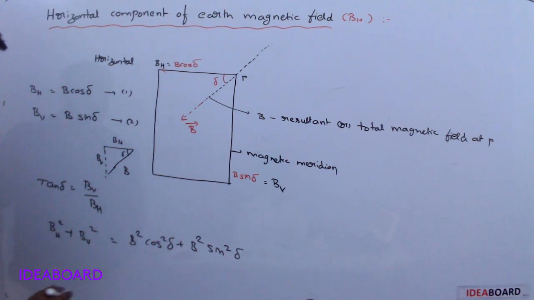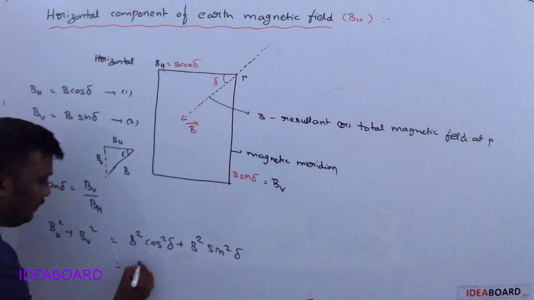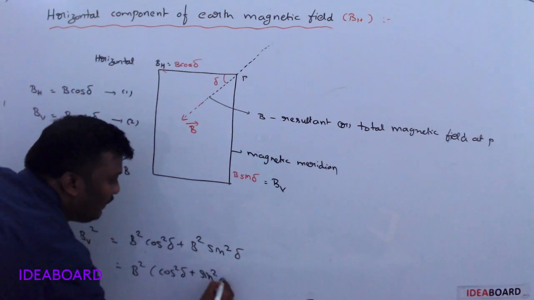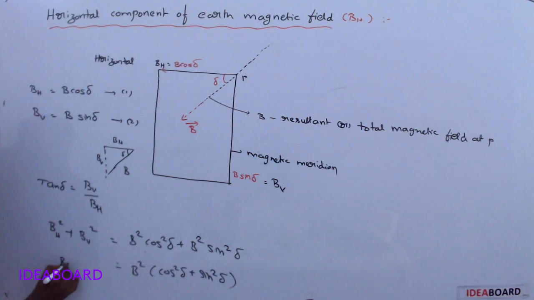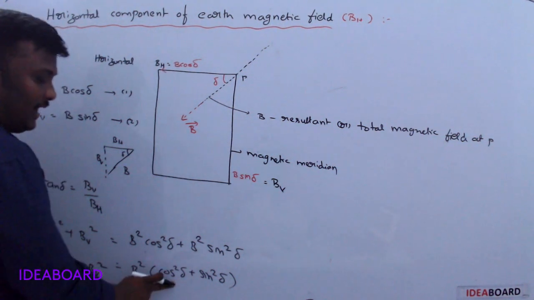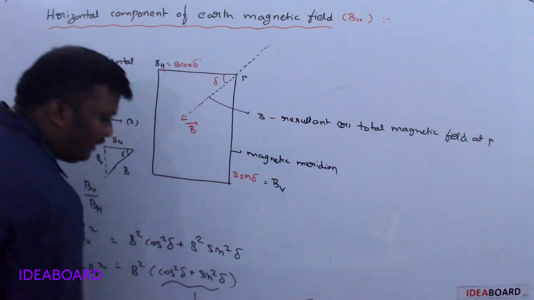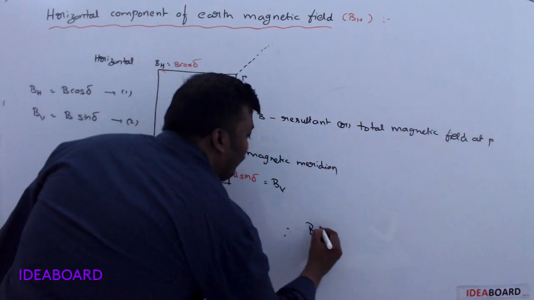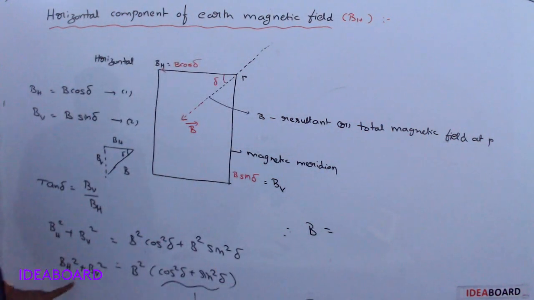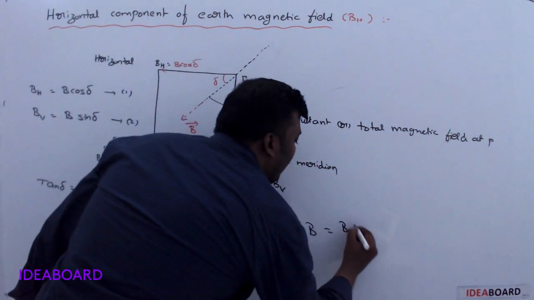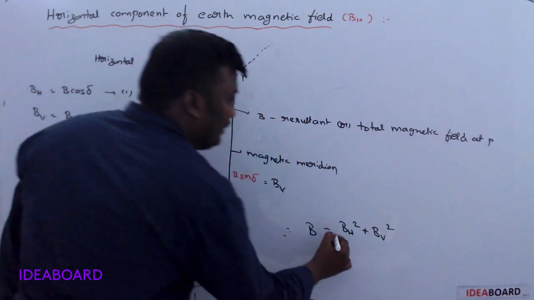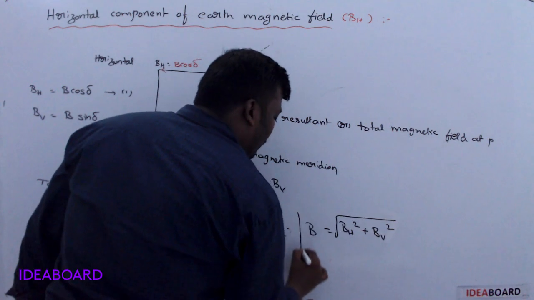From these two, B square is common, so B square into cos square delta plus sin square delta is equal to BH square plus BV square. We know cos square delta plus sin square delta value is 1. Therefore, what is the value of B square? B square is nothing but BH square plus BV square. If you want only B, then take the under root.